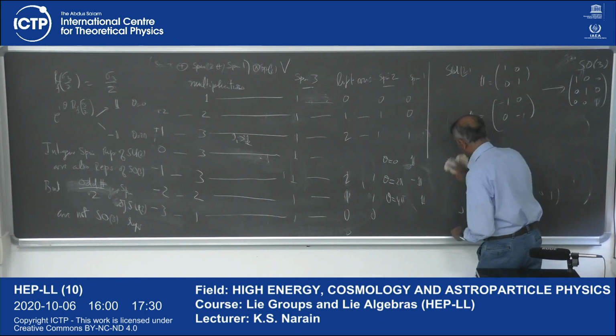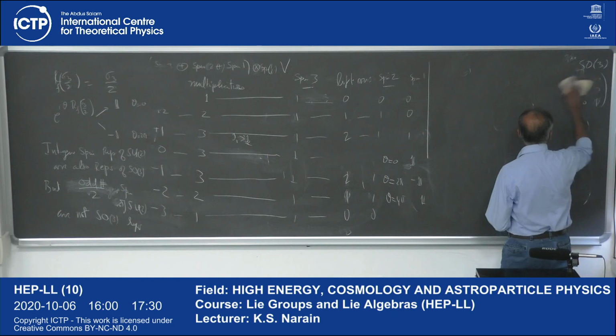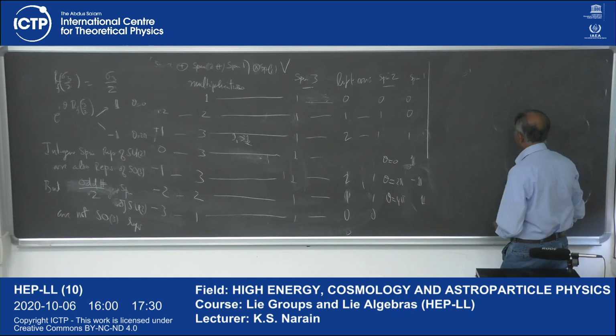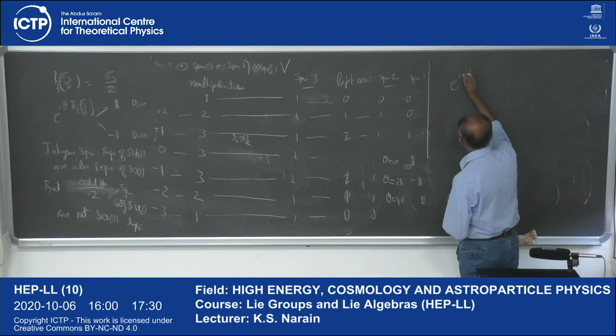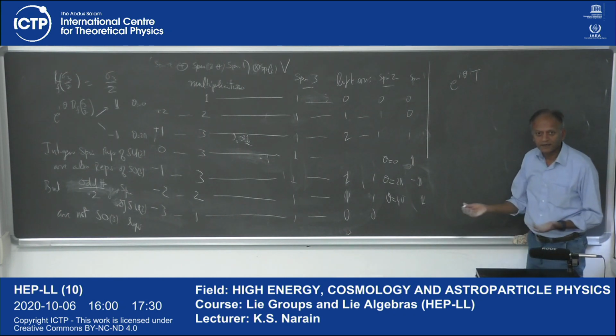So, for example, if you take the U1, it is parameterized by e to the i theta, so e to the power of i theta times the generator T, where T is just one generator.